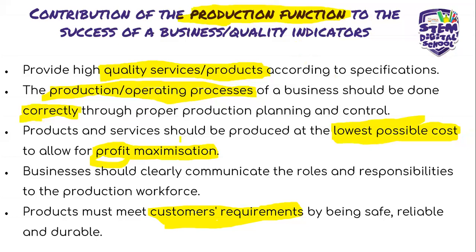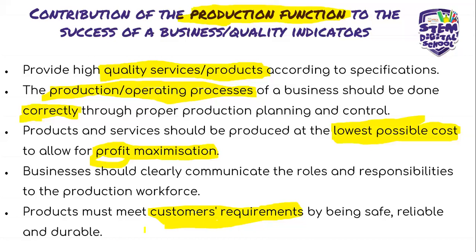Now, why do we say the product must meet the customer requirements by being reliable and durable? It's because, guys, I'll go back to the sanitizer. Let's say you are selling sanitizers.